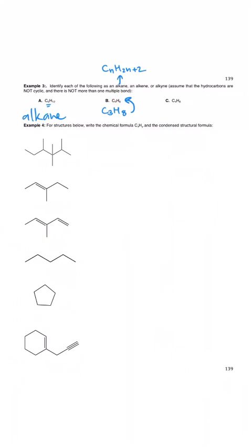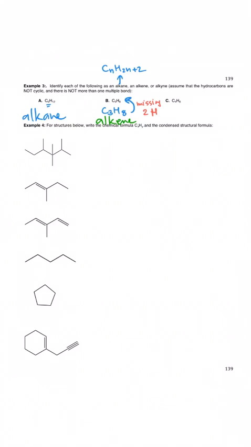Therefore, we see that it's missing 2 hydrogen. Missing 2 hydrogen means that we are eliminating 2 hydrogen out of this structure. Therefore, it's implied that we are introducing a double bond into the structure. Therefore, this would be an example of an alkene.